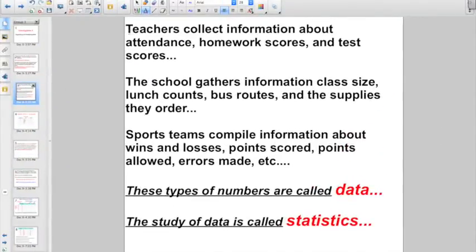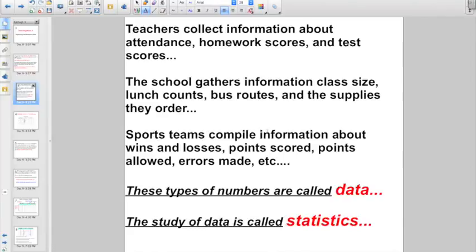So, to start off with, teachers collect information about your attendance, your homework scores, and your test scores, and the school gathers up information about the class sizes, the lunch counts, the bus routes, and supplies to order.